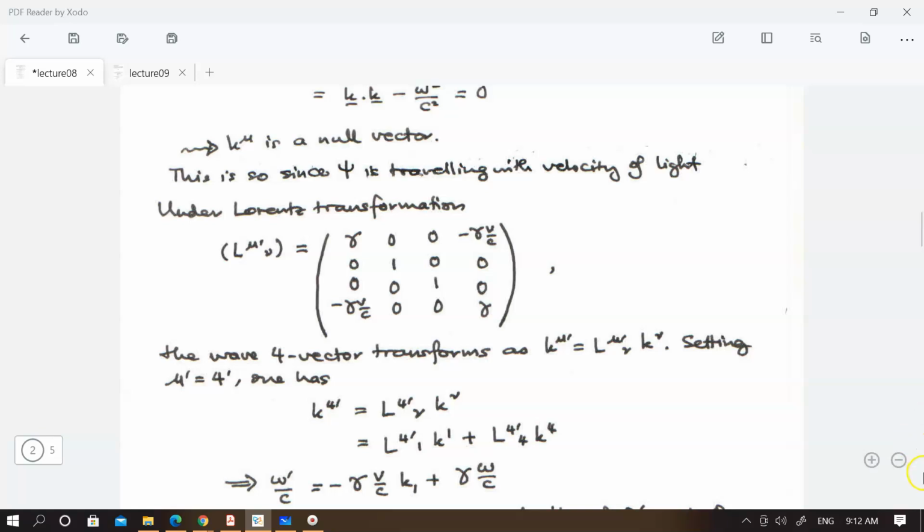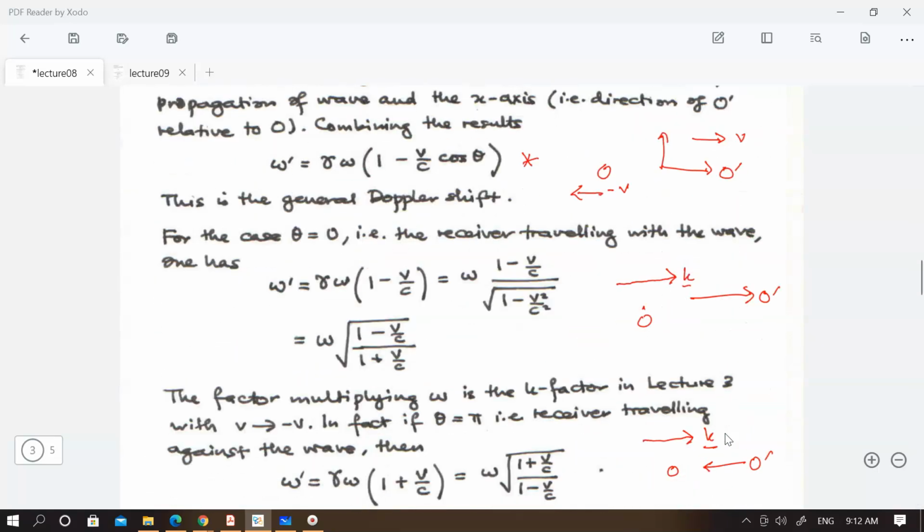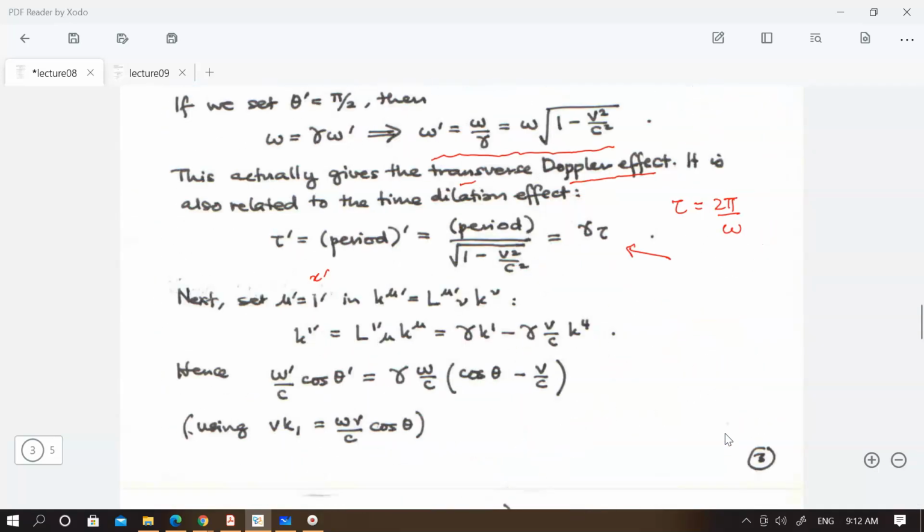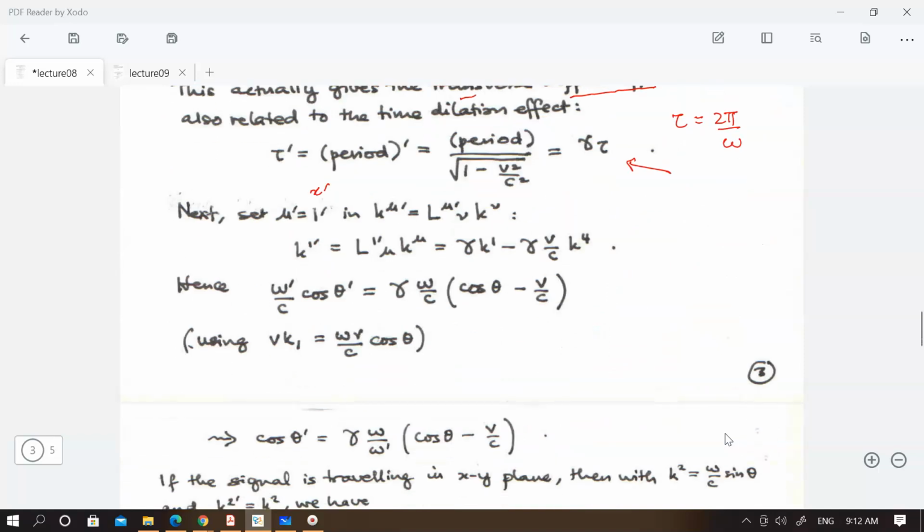Sorry. So in that particular case you can just simply plug in all the components. So you get gamma k1 minus gamma v on c k4. Okay, so remember this is your components of your k. And then if you just recall that earlier we had your v equal to v00.